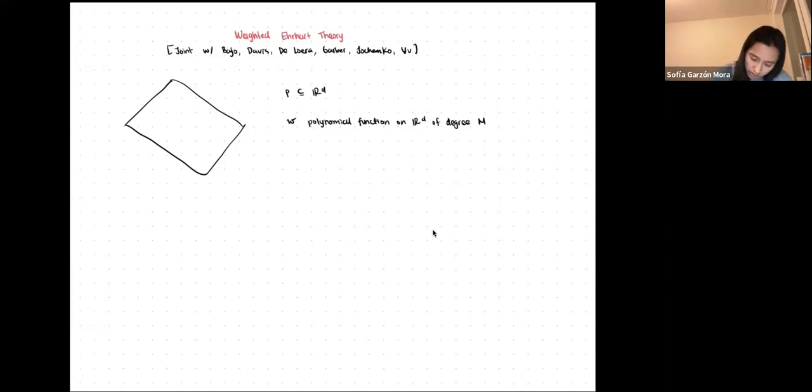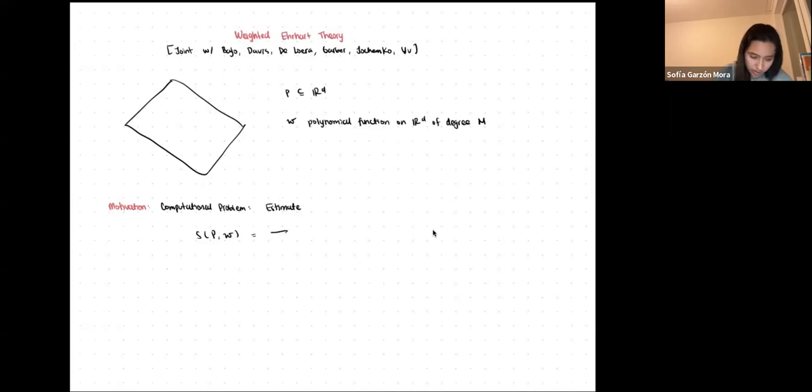And so the motivation actually came from a computational problem. People wanted to estimate computationally this sum that depends on the polytope and on the weight.